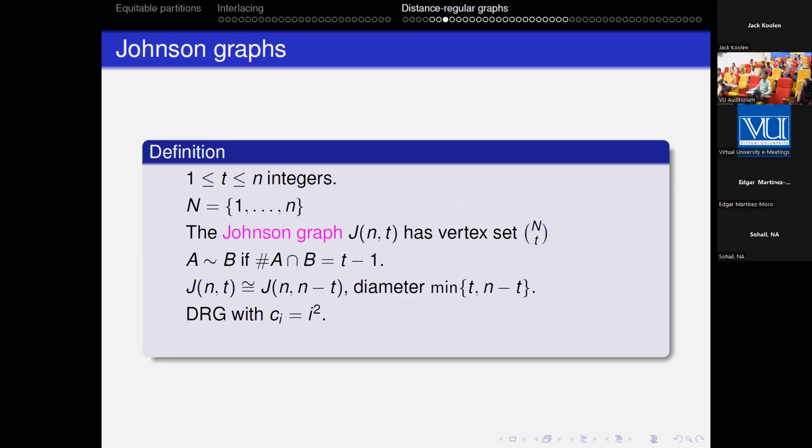The diameter of this graph is the minimum of t and n minus t, so we usually assume n is at least 2t. This is a distance regular graph with ci equal to i squared, and this gives an algebraic framework to study designs. So this is the Hamming graph and the Johnson graph. You see that there are many distance regular graphs.